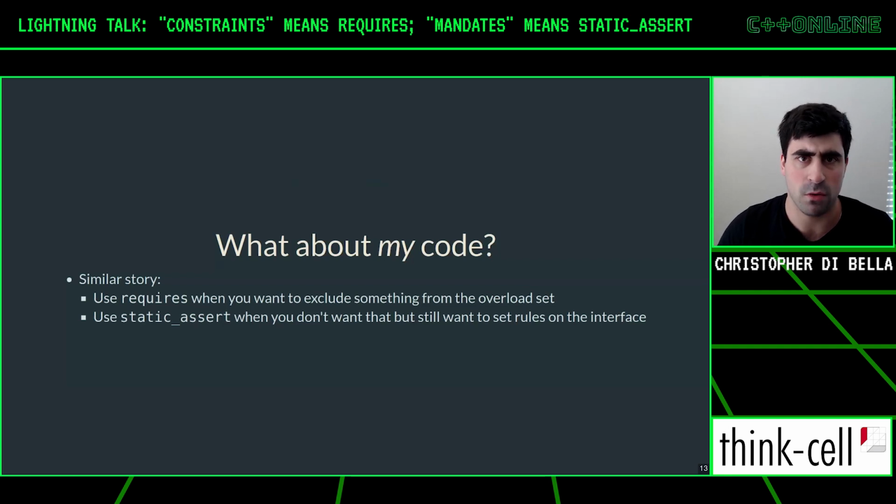If you want things to not be in the overload set, then use requires, so that when the conditions fail, it's removed from the overload set. And if you have something that's a little bit more esoteric and you don't want it to be excluded, but you still want to impose some rules on the interface, use static assert or something that still keeps it in the interface but doesn't exclude it from the overload set.